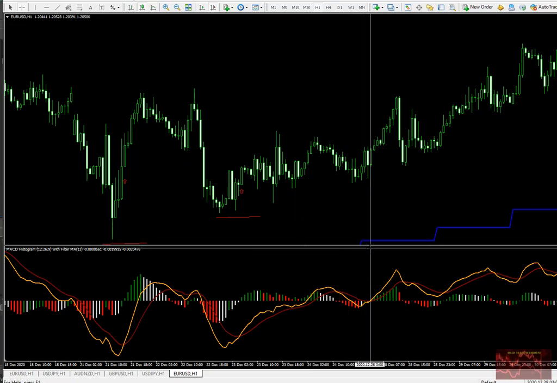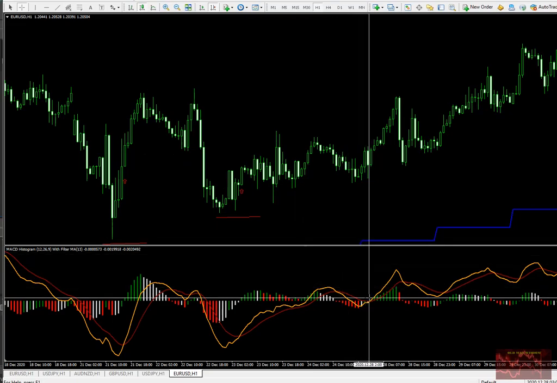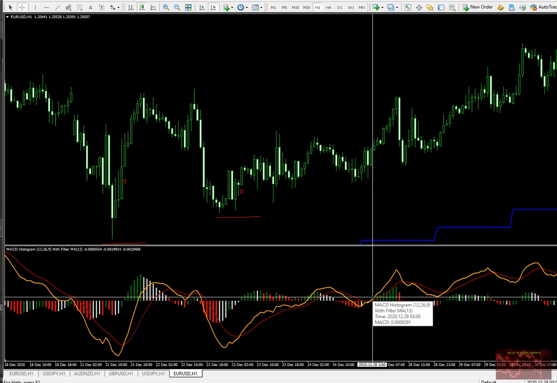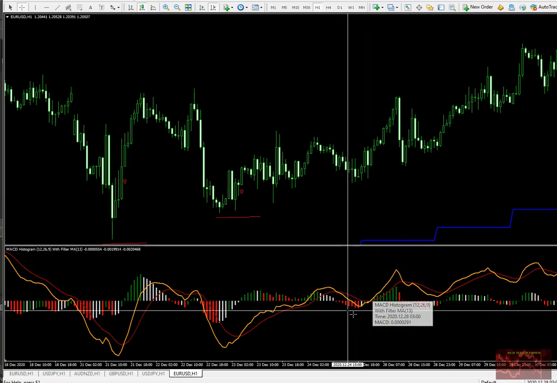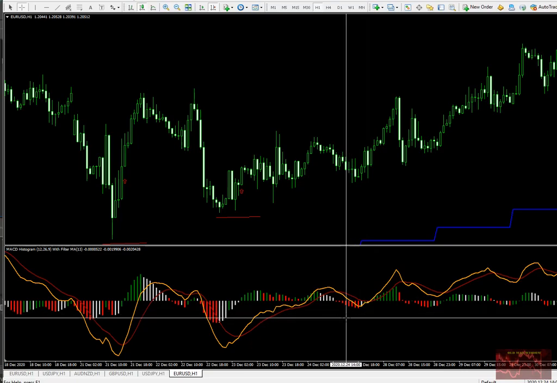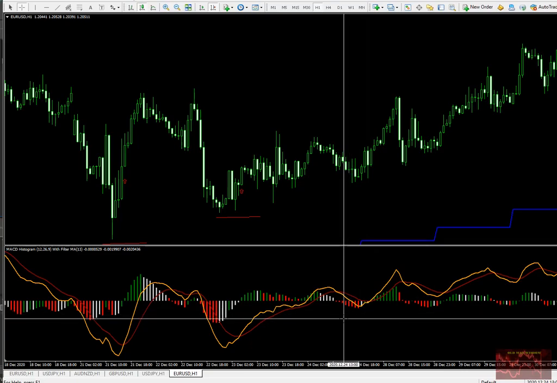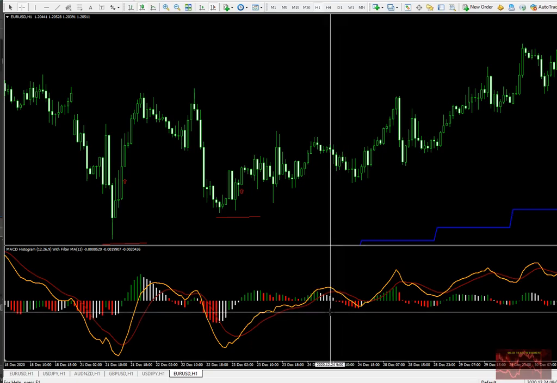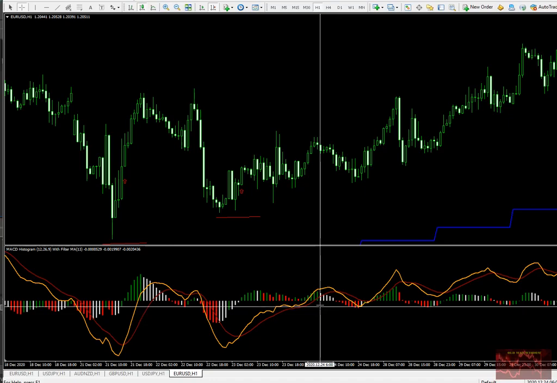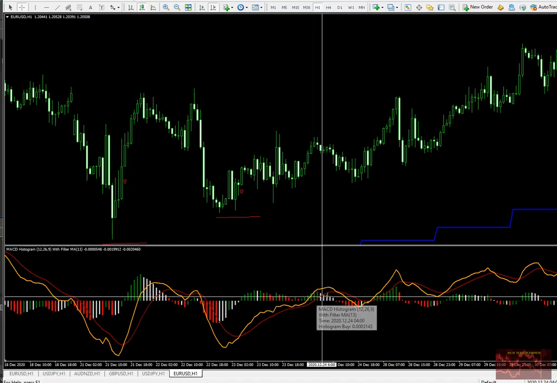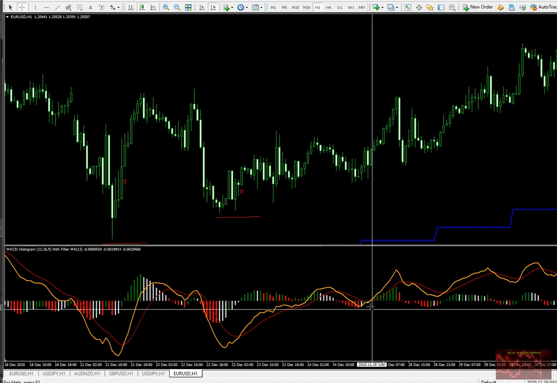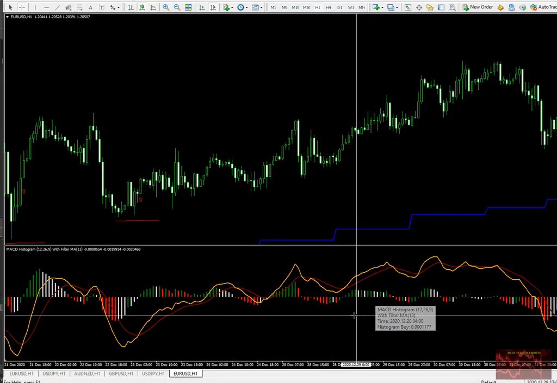This here, it crosses over down here, but it's just above the 0 line, so it wouldn't count. The rules you set when you make a strategy of your own, you must stick to. If you start breaking them, then you're going to be regretting it. So this one here, you wouldn't have taken.